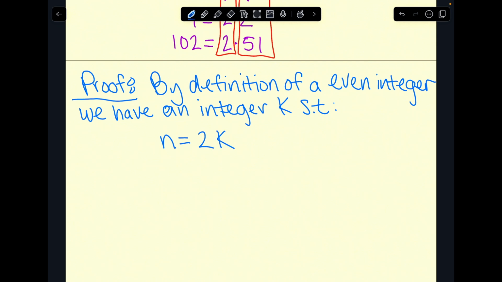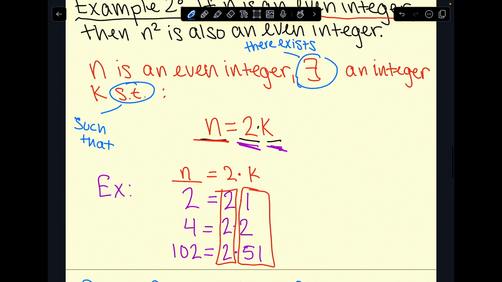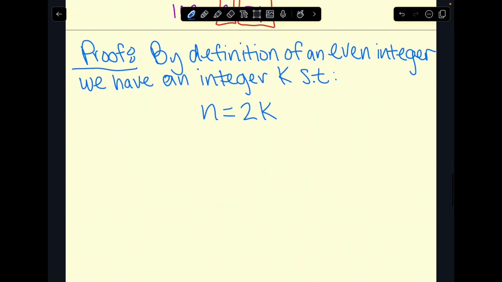We're basically just restating the definition of an even integer. Let me realign this actually. There we go, 2 times k. Now, to find n squared, can you take a guess how we would do that?